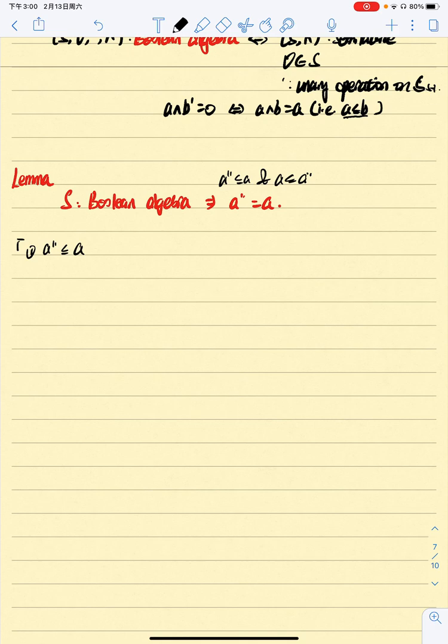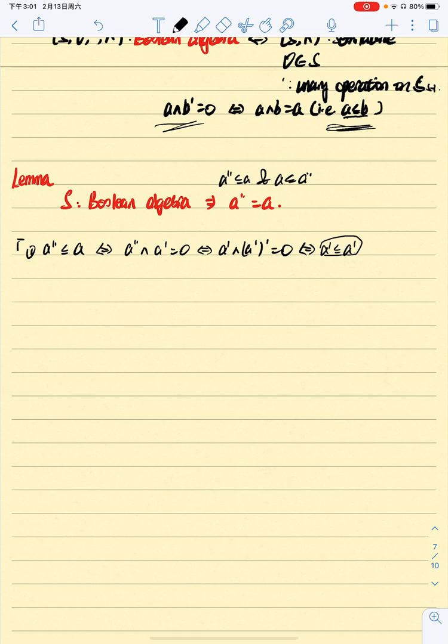If we want to get this result, we should get A prime and A double prime is 0. Changing the order, A prime and A double prime is 0, right? And then we should get A double prime smaller than A prime.